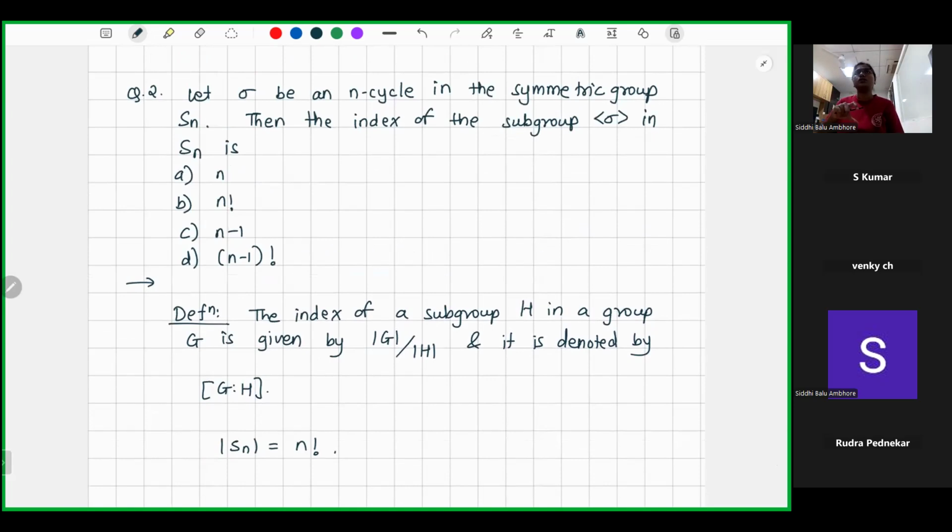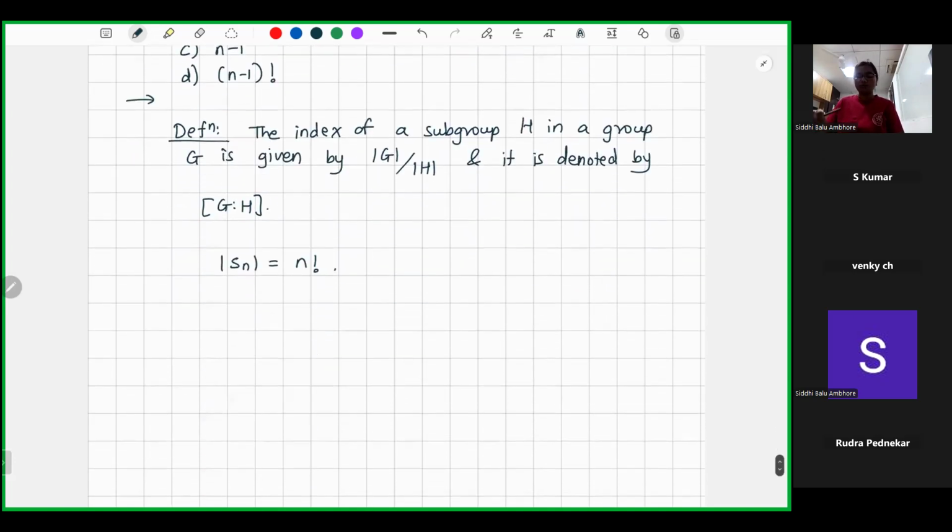So the order or size of the cyclic subgroup generated by this sigma will be n. So therefore the index is the cardinality of Sn, or order of this group Sn, which is n factorial divided by n, which is clearly n minus 1 factorial.